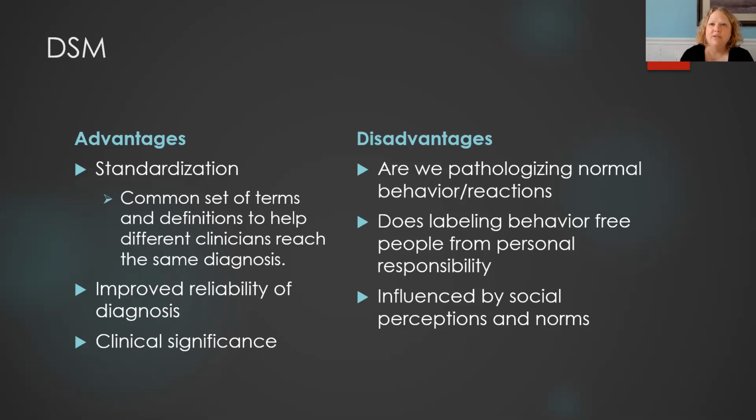psychology started to standardize their mental disorders, what was happening is an individual could go and see 3 or 4 different clinicians, present themselves the same way, talk about having A, B, and C symptoms. It was affecting their life this way and that way. And they could walk out of those 3 or 4 different clinicians' offices with 3 or 4 different types of diagnosis.